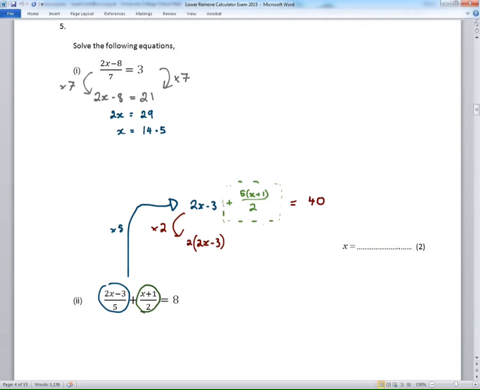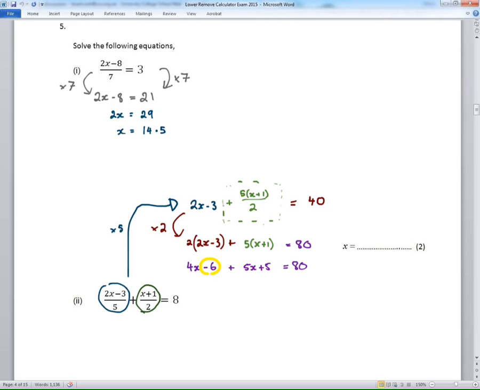Multiplying the green term by 2 just leaves you with 5 brackets x plus 1. And multiplying the right-hand side by 2 gives you 80. Now the equation is much simpler to deal with. We just expand the brackets, collect like terms, and then make x the subject. So expanding the brackets leaves you with 4x minus 6 plus 5x plus 5 equals 80.